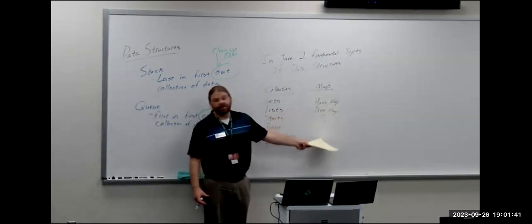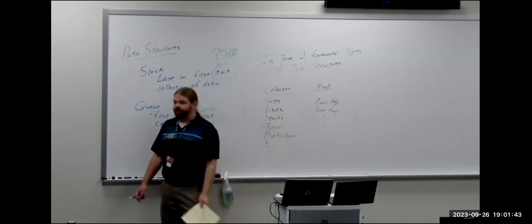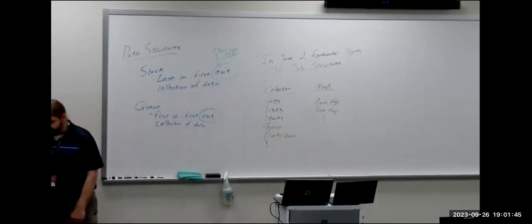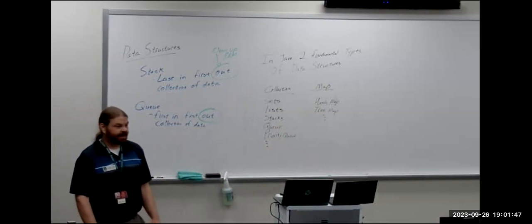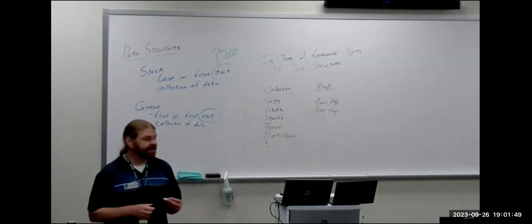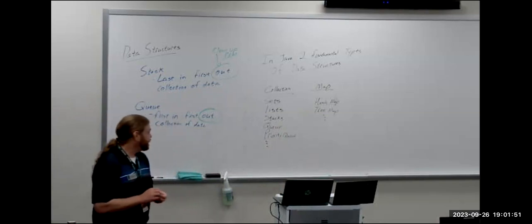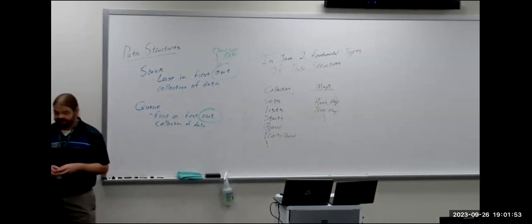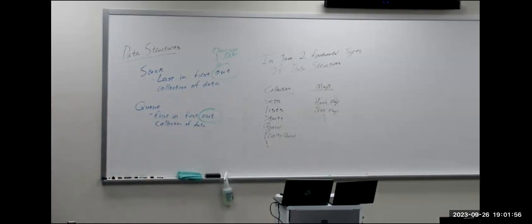And then the different types we have in Java are how those are put together. We could set them up as hashes. We could set them up as trees. There's lots and lots of them. We'll pick quite a few.